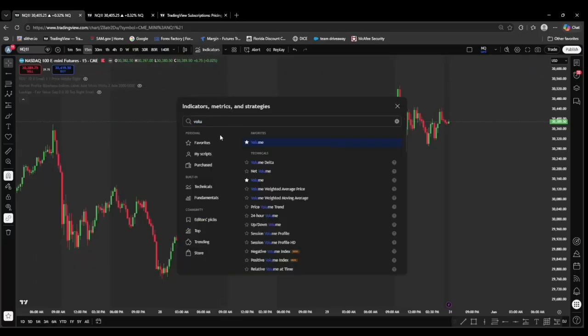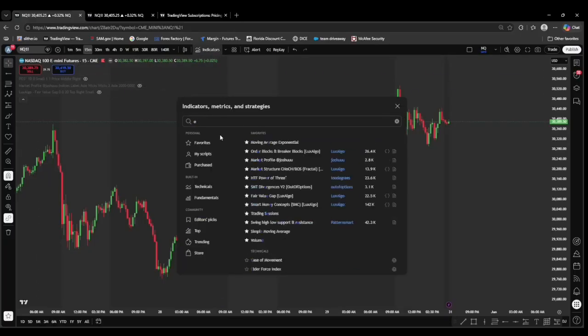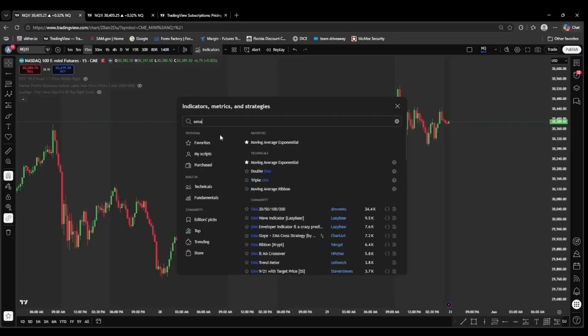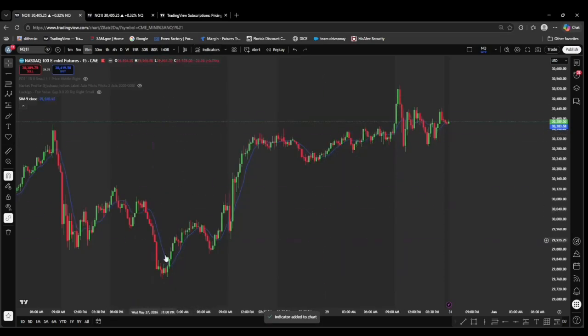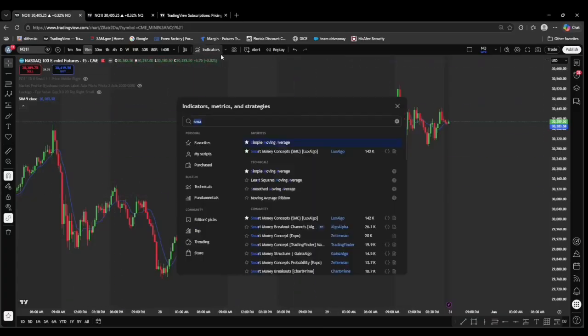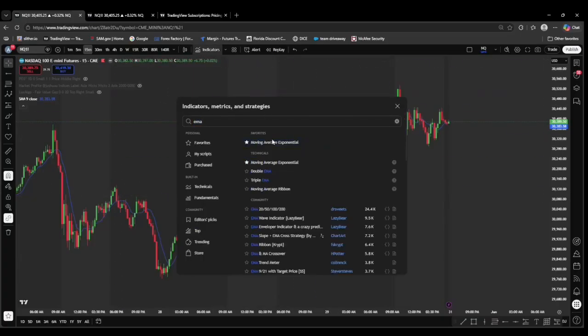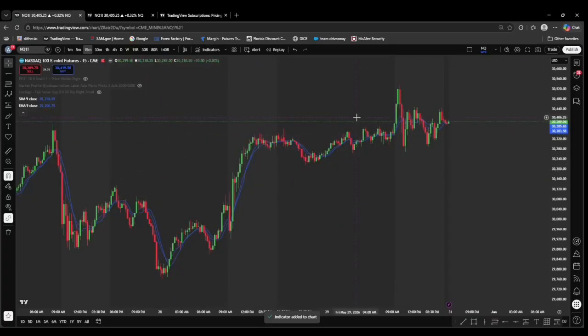Some people use EMAs. You might hear about EMAs, moving averages. I once used them. You might hear about SMAs, simple moving averages. Let me show you what that looks like. This line. And then let me show you what an EMA looks like. There's another line. I don't use them. You might hear about VWAP.